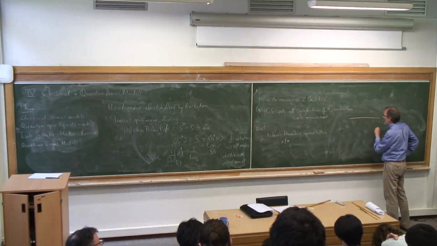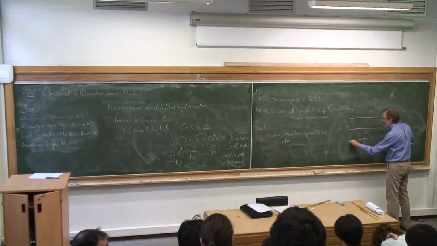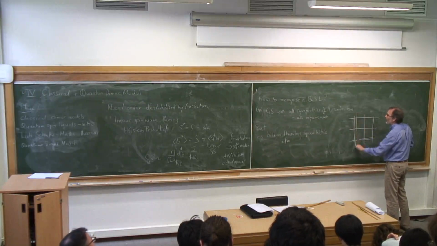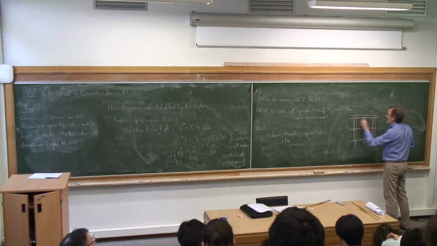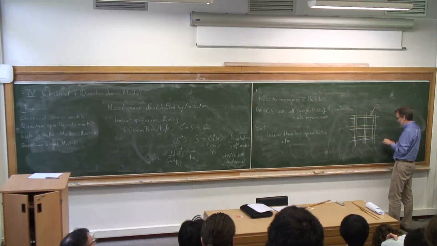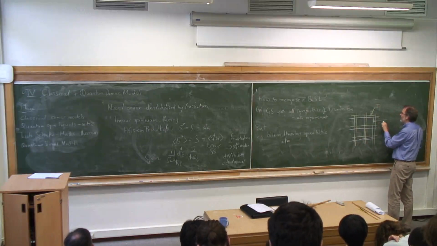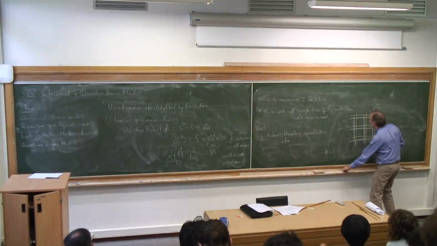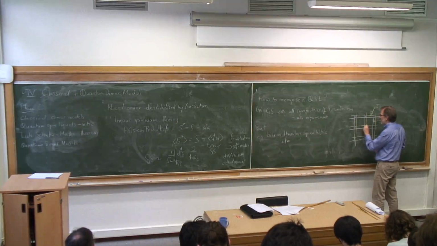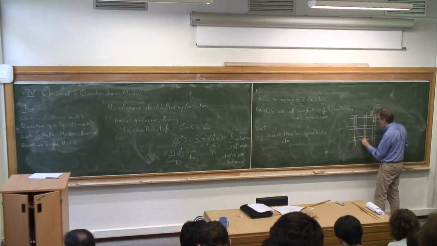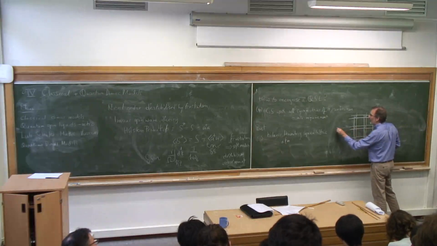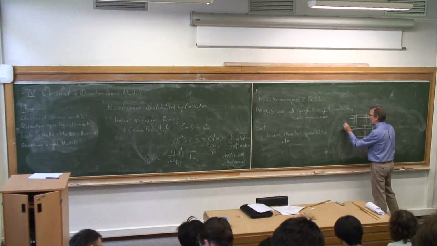So imagine that we have one layer like that, and then another layer like that, and we have exchange interactions, say J, between nearest neighbor spins within each layer, and then some coupling between the sites which are located above and below each other in the different layers, which are called J prime.